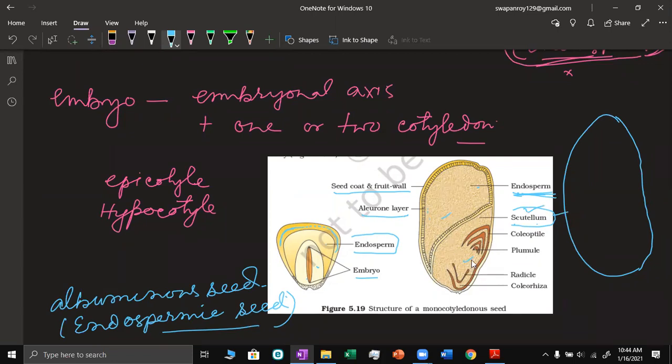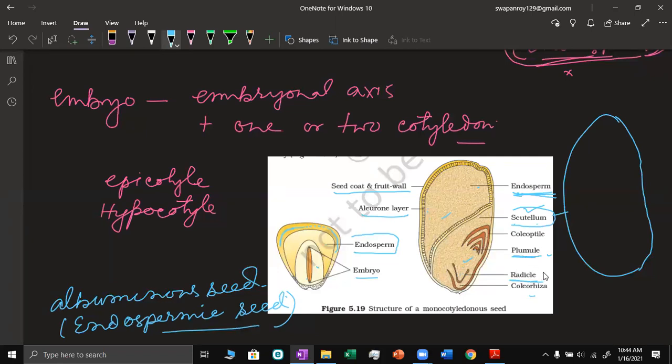And on one side is the embryonal axis. In the embryonal axis, as in the dicot also, here is the plumule and here is the radicle. Radicle is this one. So this is radicle, and this side is plumule. Another important feature in this maize grain, or monocotyledonous seed, is that the plumule and the radicle are protected by a membranous covering.